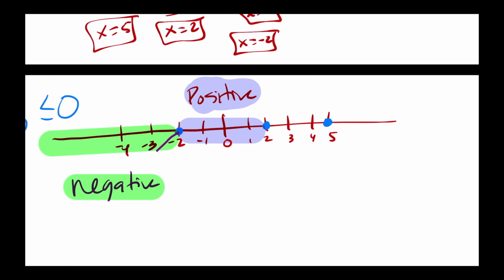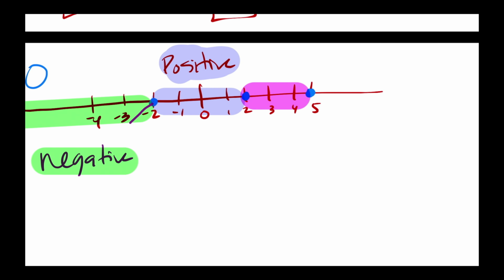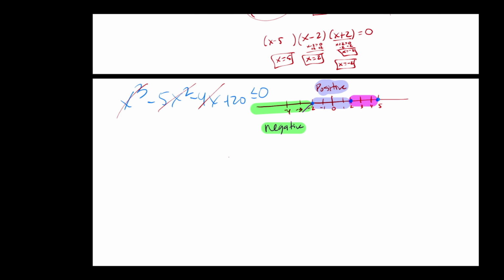Now let's test something in between there. I think you can guess what it's going to be, but we never know. We need to test it. Let's test a number in that pink area. Let's test 3. If I put 3 in there, I get 3 cubed minus 5 times 3 squared minus 4 times 3 plus 20. 27 minus 5 times 9 is 45, minus 12 plus 20.